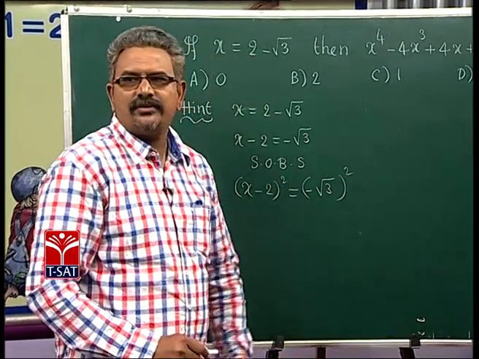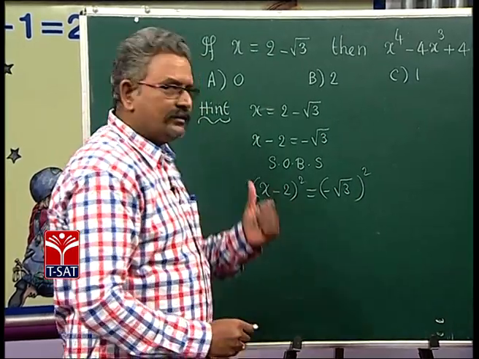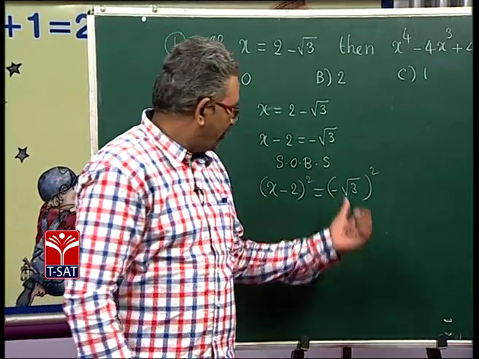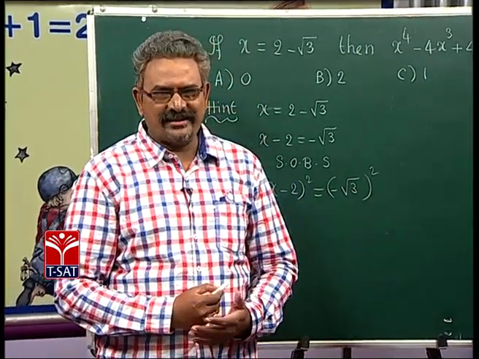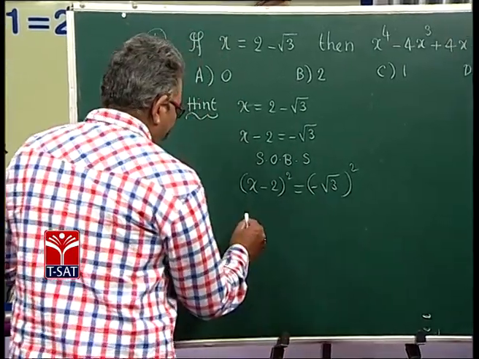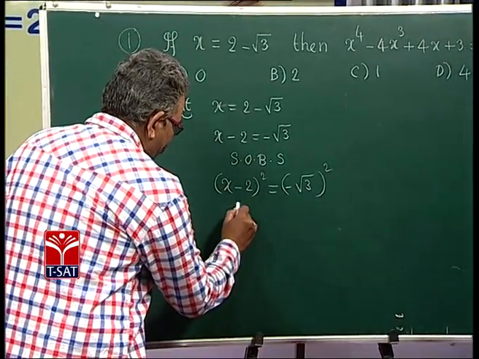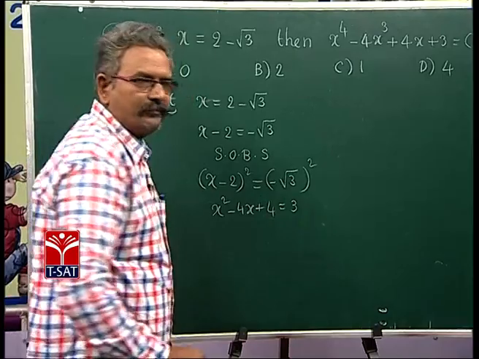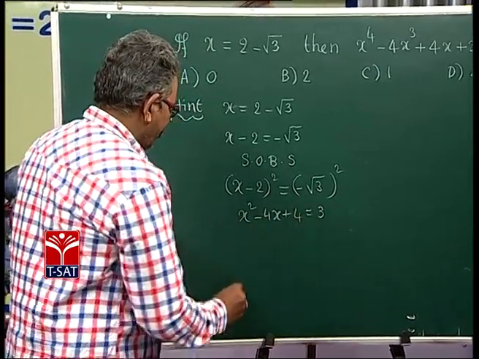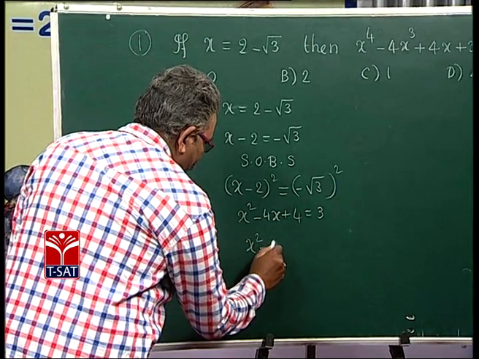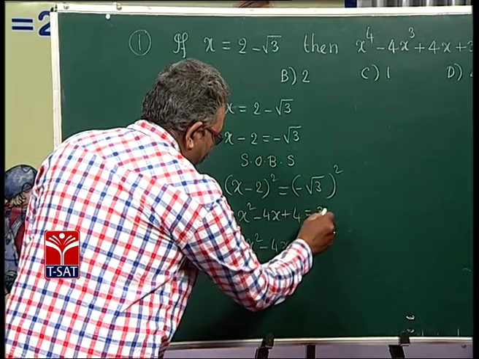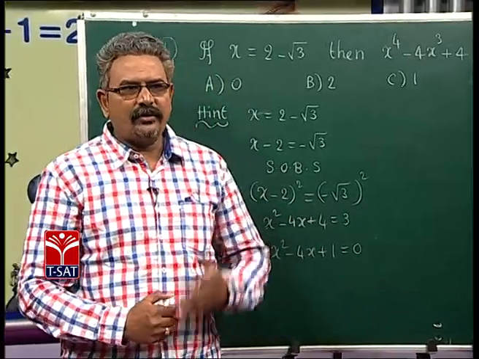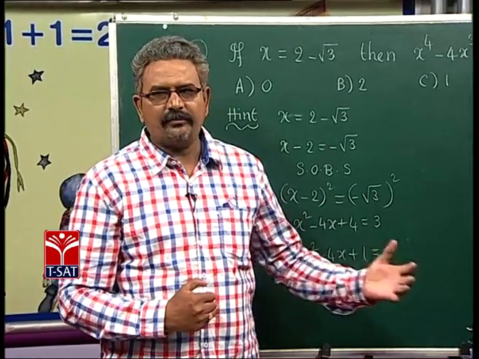What is the value of x minus 2 whole square? That is x square minus 4x plus 4. What is minus root 3 whole square? Yes, 3. So, this can be written x square minus 4x plus 4 is equal to 3. Bring 3 this side. So, x square minus 4x plus 4 minus 3, that is 1, equals to 0. Now, a quadratic equation is obtained in terms of x.